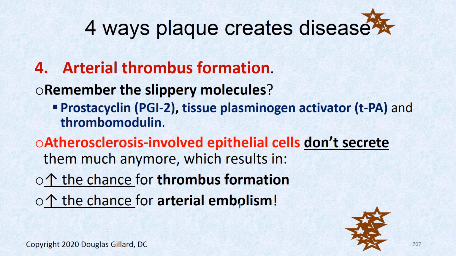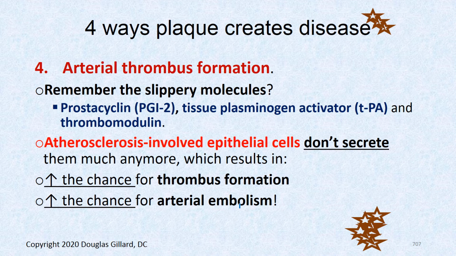Arterial thrombus formation can occur as well. That's usually with breaching, but as it starts to breach, the endothelial cells get upset and they stop secreting the slippery three: prostacyclin, tissue plasminogen activator, known as TPA, and thrombomodulin.